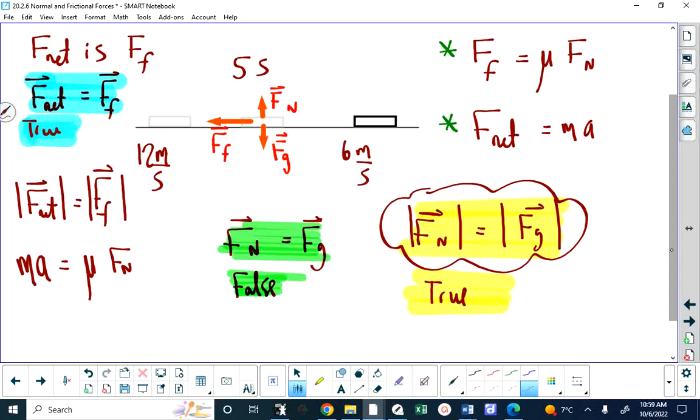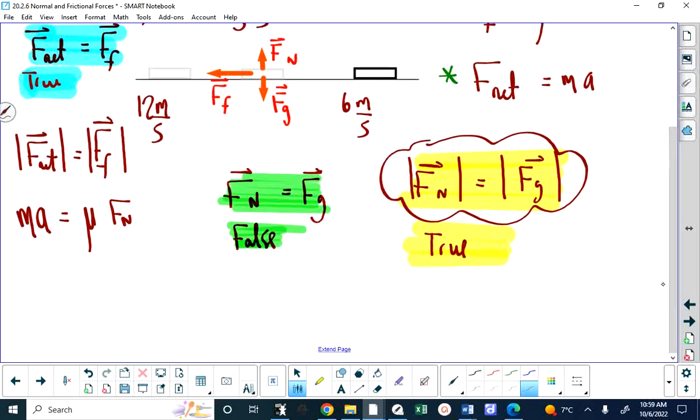Looking at the vector diagram, this normal force is not accessible to calculate, but we know looking at it that it's equal to the amount of gravity. So rather than writing ma equals mu Fn, we can write ma equals mu Fg.